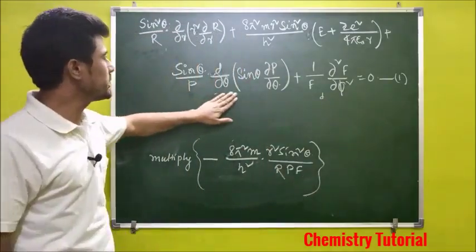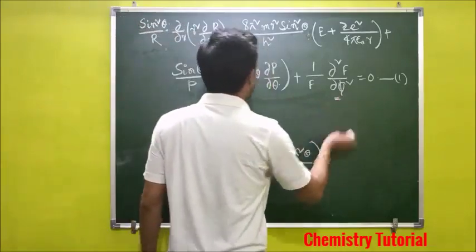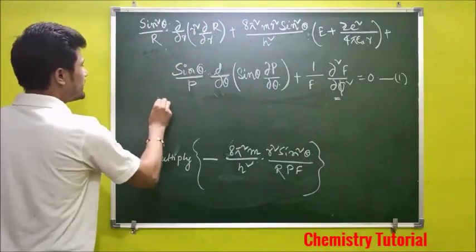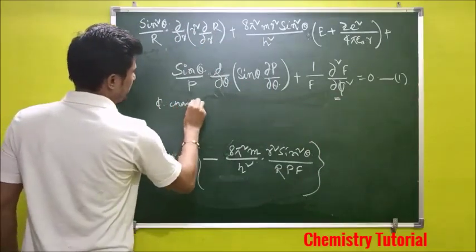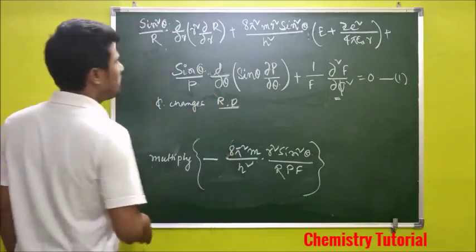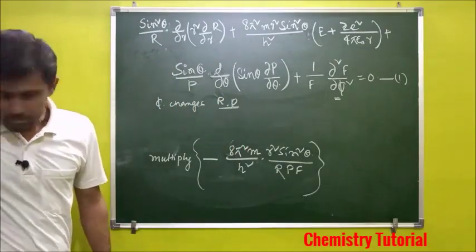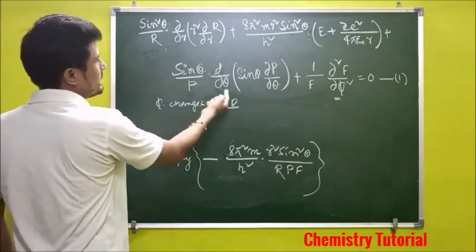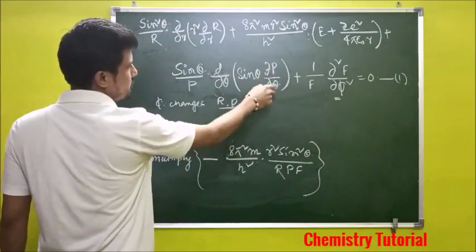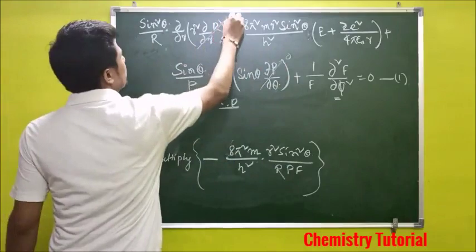So you consider here in this case that only the phi function, that is this function F, changes and the other functions remain constant. If we consider like that, only phi changes and R and P remain constant. Then these two terms become 0, because since P is constant, dP by d phi is also going to 0, and this also becomes 0.